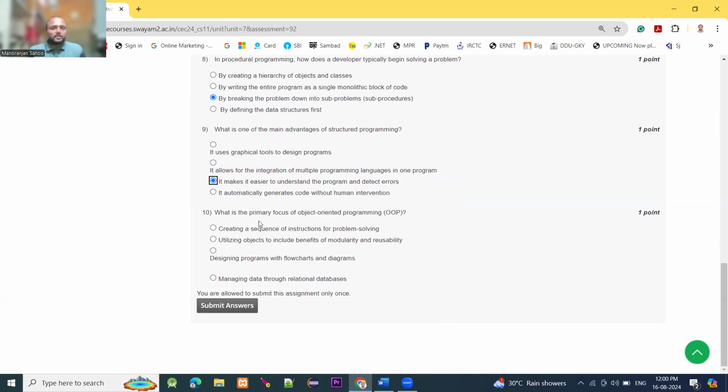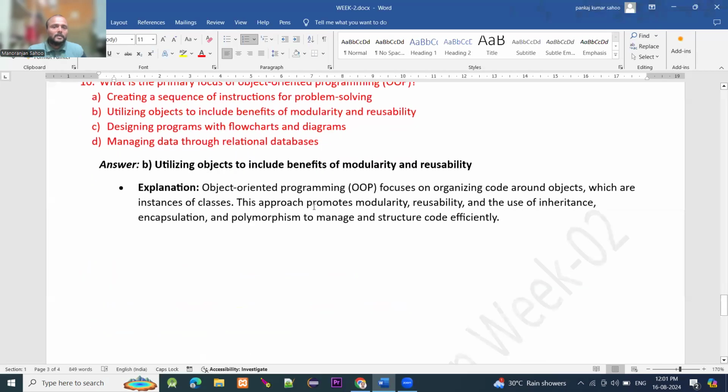Moving to the last question. What is the primary focus of object-oriented programming? It follows the 4 features: data abstraction, encapsulation, polymorphism, and inheritance. OOP focuses on organizing code around objects, which are instances of a class.